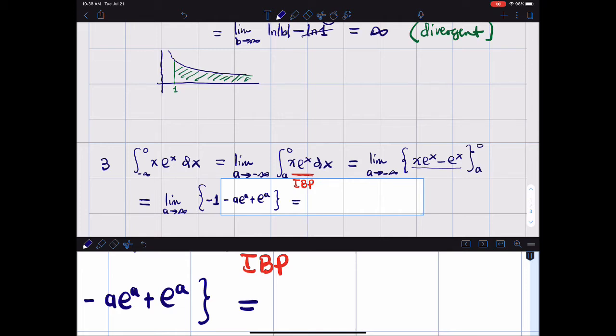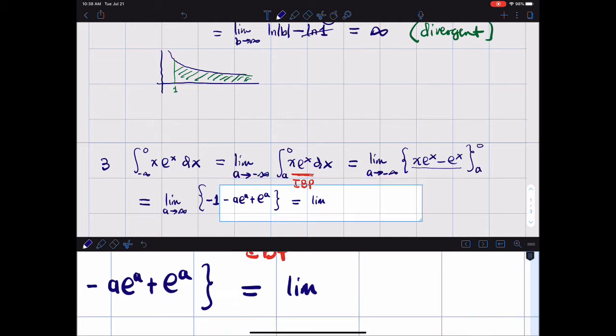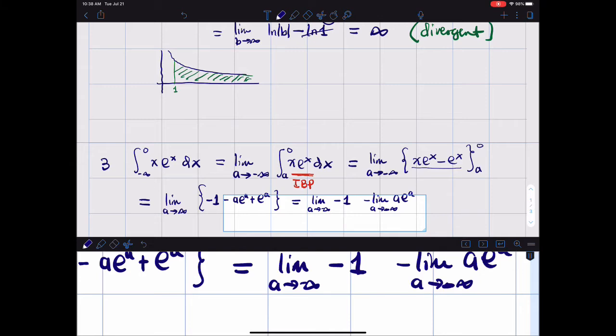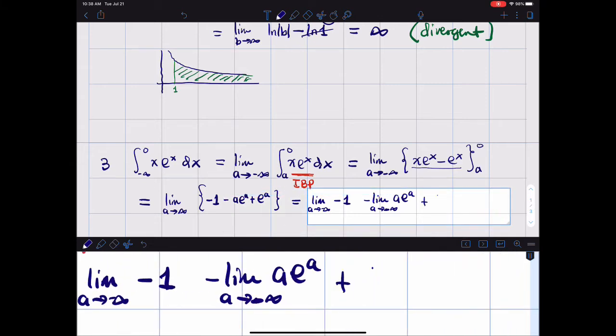Let's take the limit one at a time. So this is the limit as a goes to infinity of negative 1. That's quite easy. And then we have minus the limit of a e to the a as a goes to negative infinity, and then plus the limit as a goes to negative infinity of e to the a.